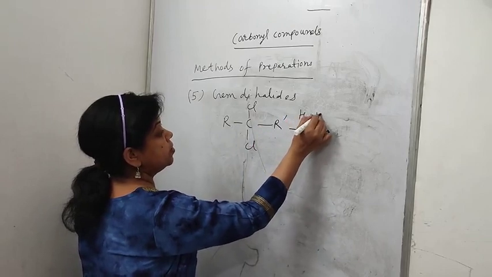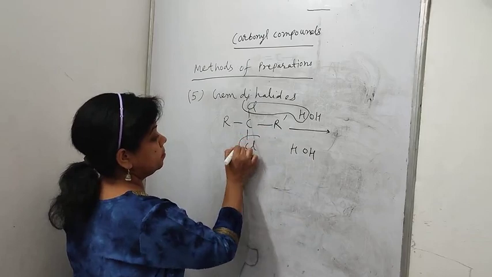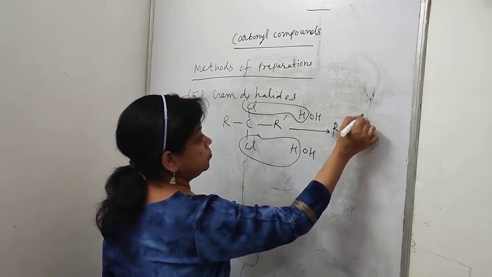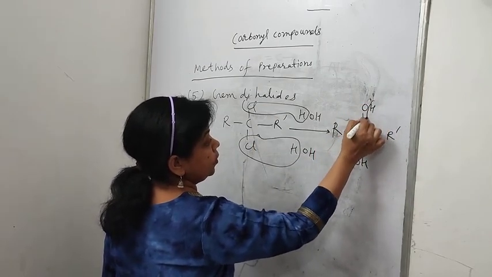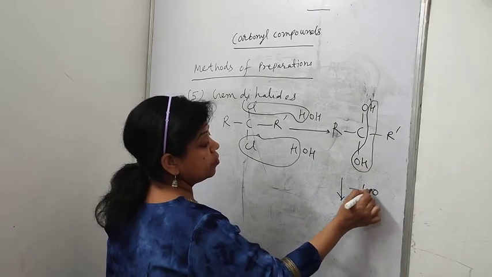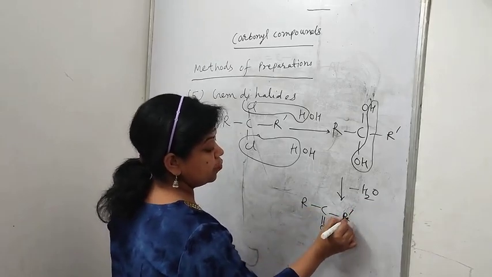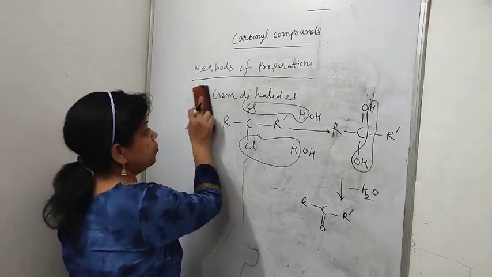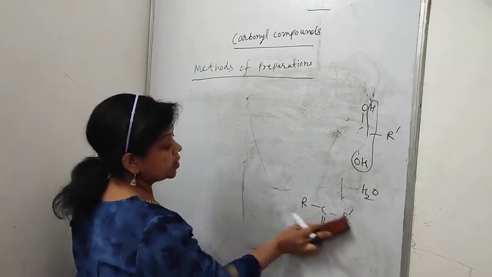Perform hydrolysis on this. It is an unstable molecule, you have to eliminate 1 water molecule from here and you will be able to get ketone. So this is another method by which we can prepare our carbonyl compounds, both aldehydes as well as ketones.